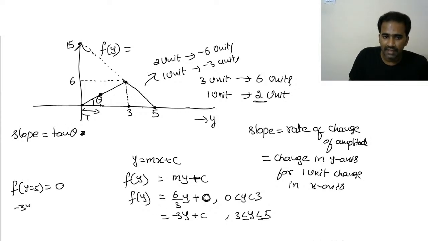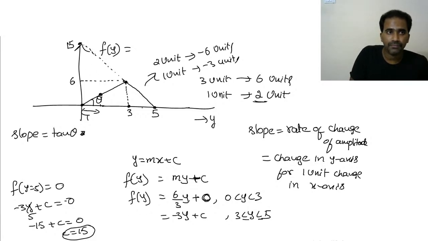Minus 3y plus c should be equal to 0. In place of y, replace it with 5 to make it 0. Only at 5 it becomes 0. So minus 5 times 3 is 15, plus c is equal to 0. C equal to 15. So this is one way of finding the y-intercept. So c you can replace with 15.